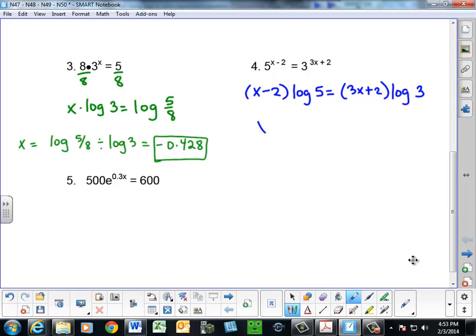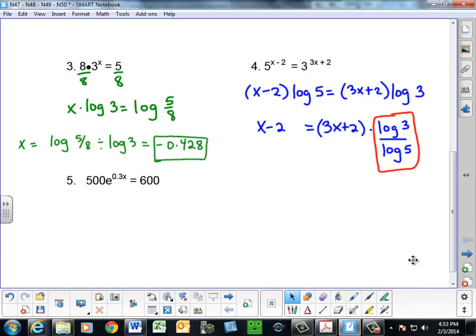To solve for x, we're going to start by dividing by log 5 on both sides. Go ahead and type that into your calculator. Log 3 divided by log 5.